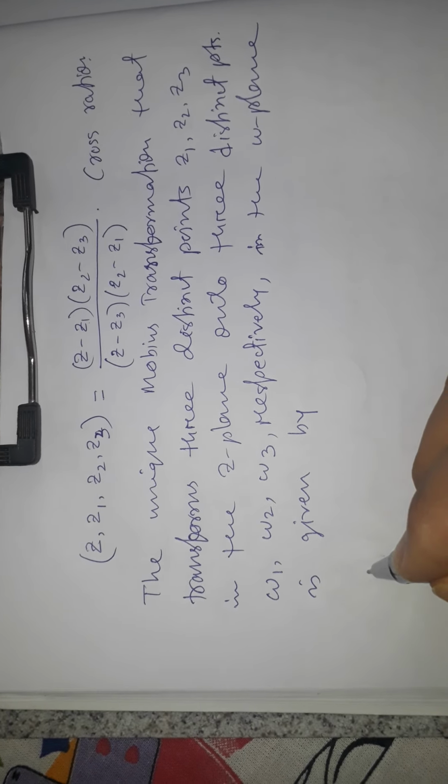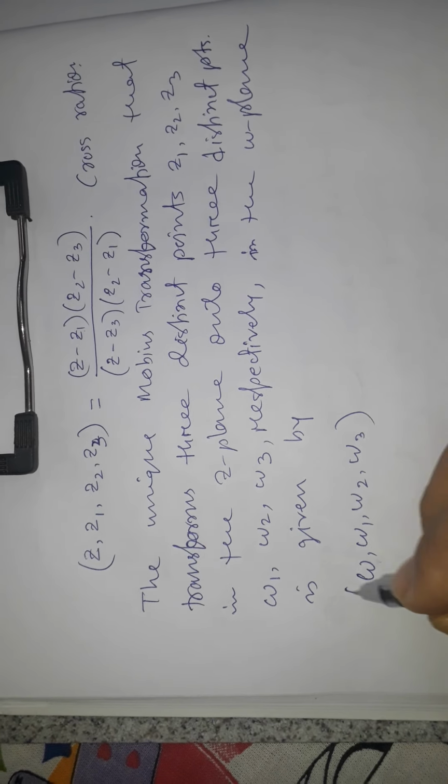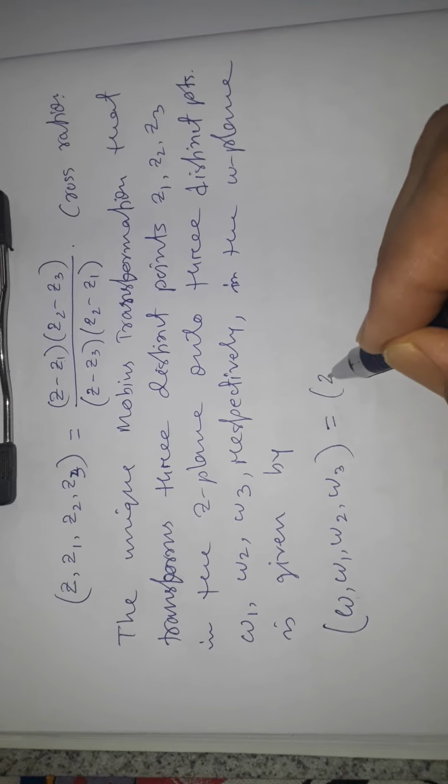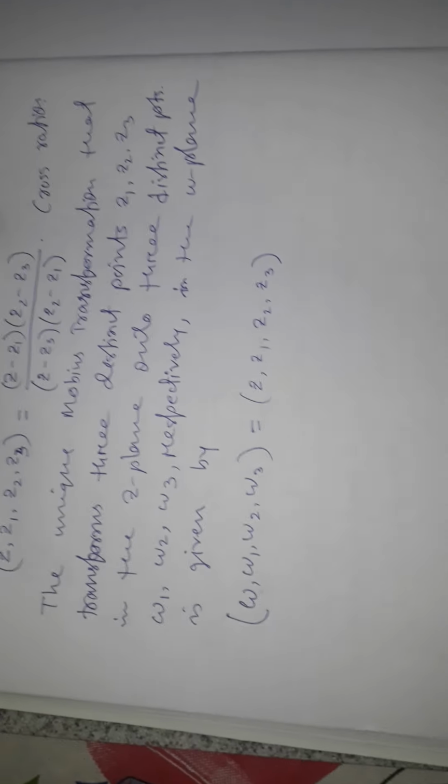That means the cross ratio w, w1, w2, w3 is equal to z, z1, z2, z3.